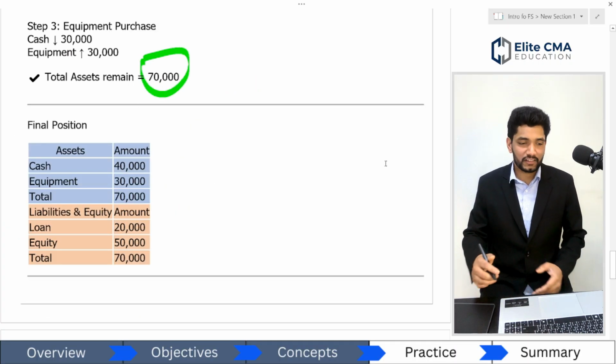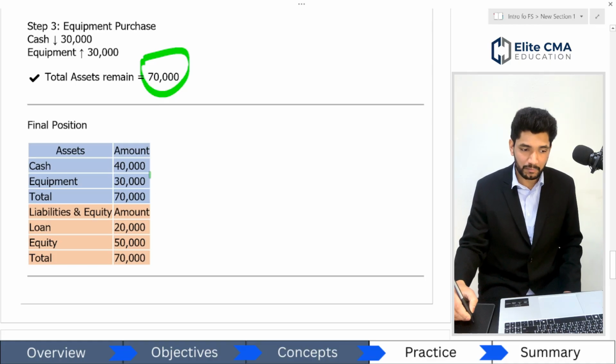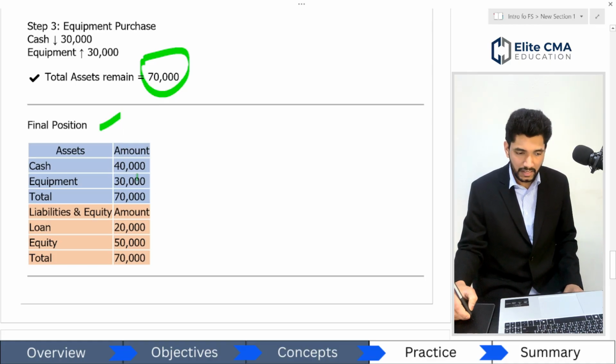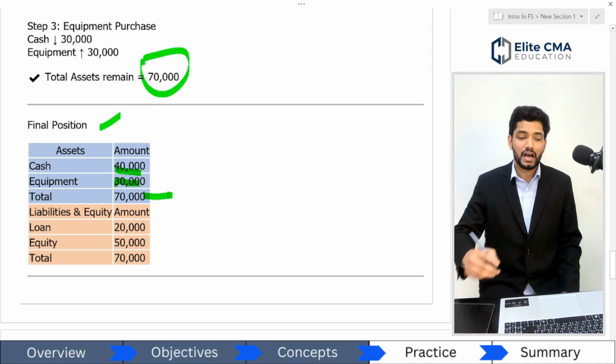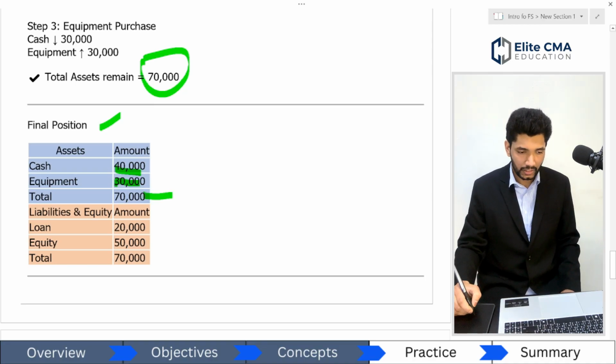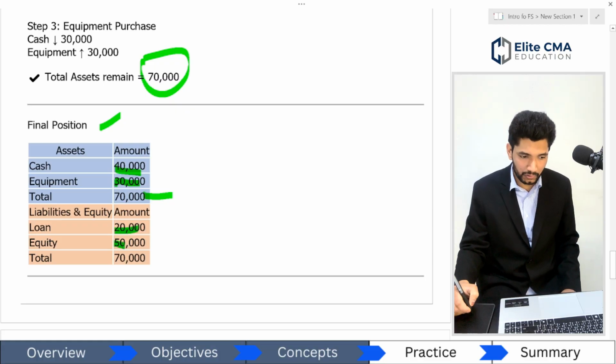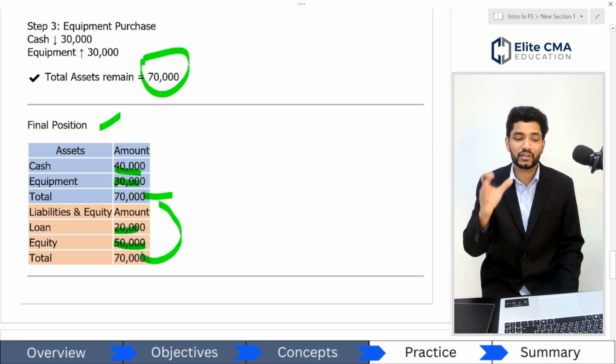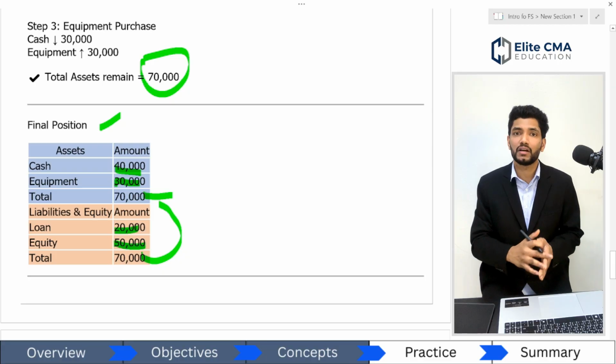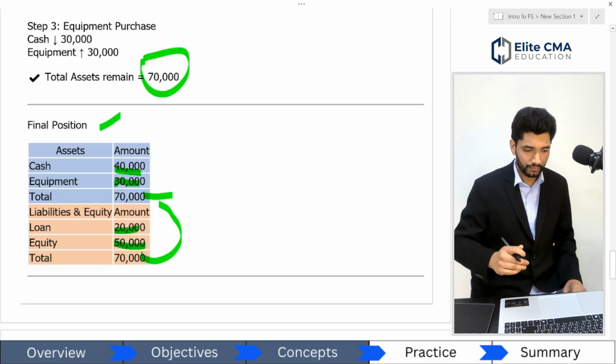So with this transaction, the final financial position will be cash 40,000, equipment 30,000. So the total asset will be 70,000, and on the liabilities and equity side, loan will be 20,000 and the equity will be 50,000. The total liabilities and equity will be 70,000. So in this case, you can see that total asset is always matching with the total liabilities and equity.